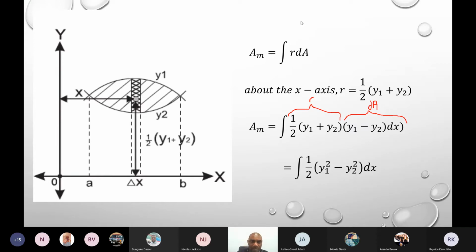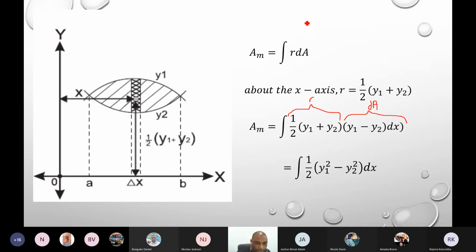N5 only asks for second moment of area, not first moment. And number two, you're just deriving from first principles, you're not doing any calculations. So yes, it's correct, but what we're doing now is first moment. We are going to do second moment as well. But in N5, they ask you to derive second moment of area, and then second moment of inertia. Thank you, Daniel, for that. It is more or less the same. That's correct.